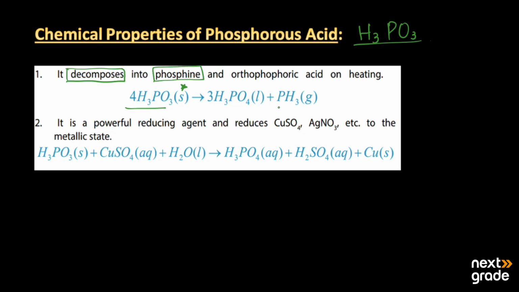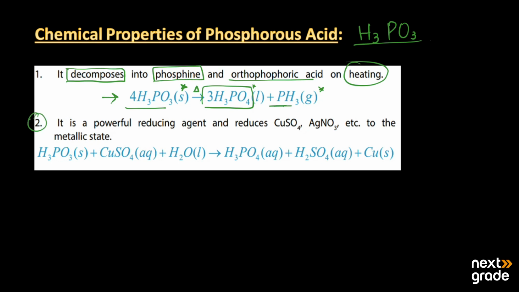Number one is phosphine, PH3, and the second is orthophosphoric acid, H3PO4. So this can be used for the production of the acid as well as phosphine.